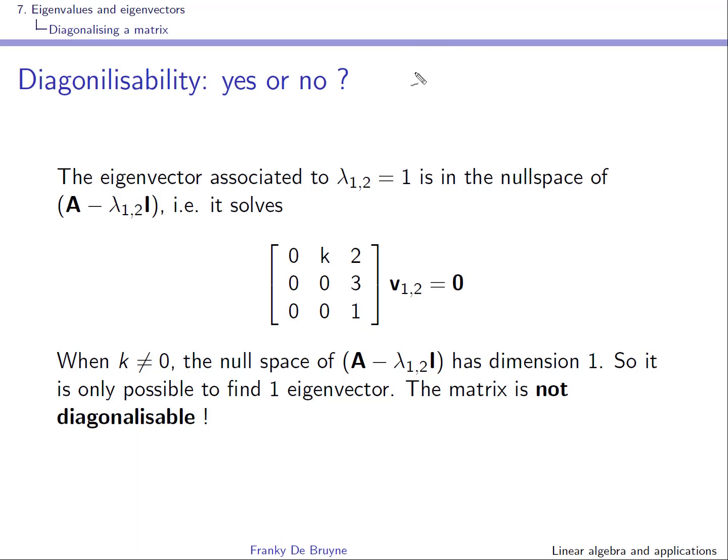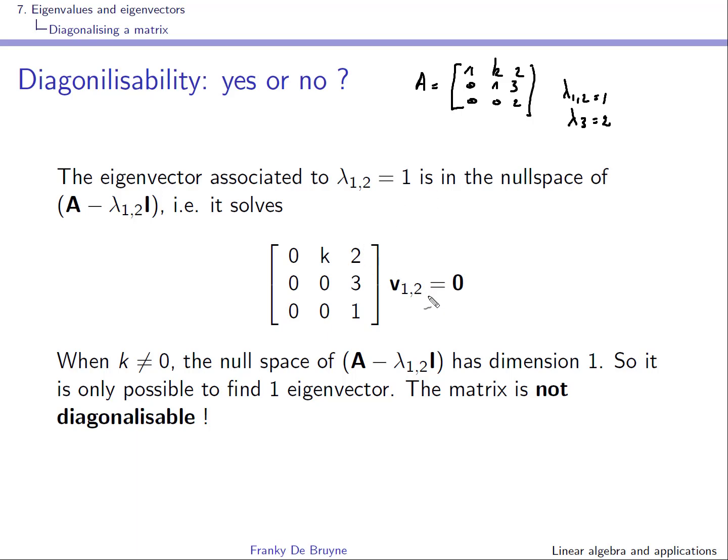Okay, so remember we were considering a matrix A that was 1, k, 2; 0, 1, 3; and 0, 0, 2. We had lambda 1,2 is equal to 1 and lambda 3 is equal to 2.